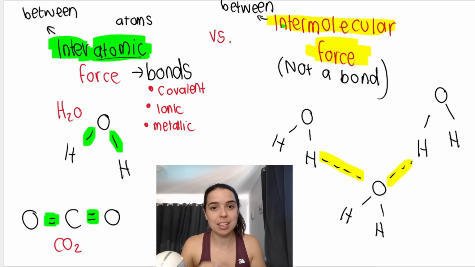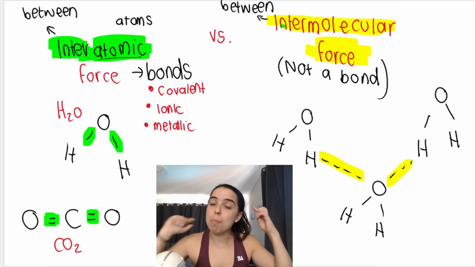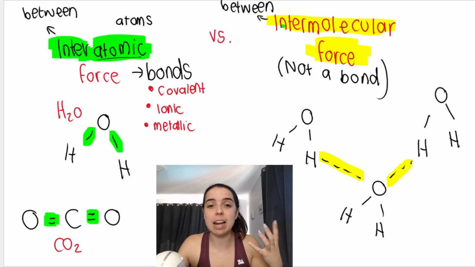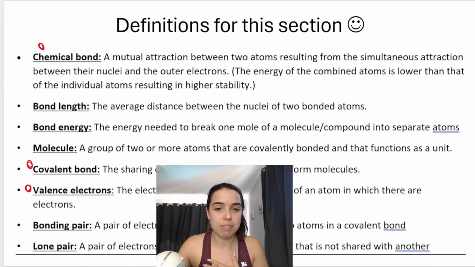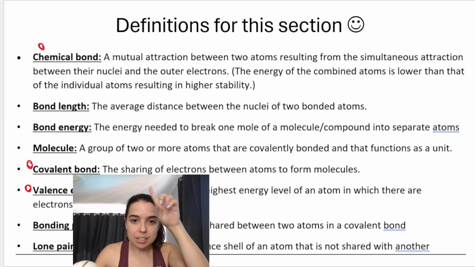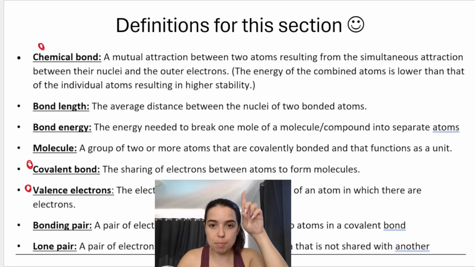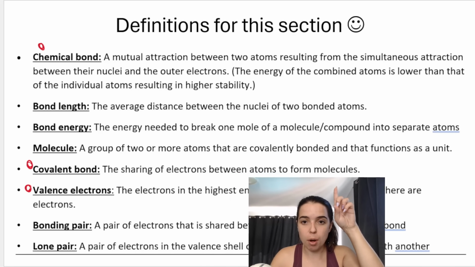Okay, right. Now, you need to know the proper definitions for covalent, ionic, and metallic bonding as well. So covalent bonding, as I showed you earlier in the video, the definition is over here. Covalent bonding is the sharing of electrons between atoms to form molecules.